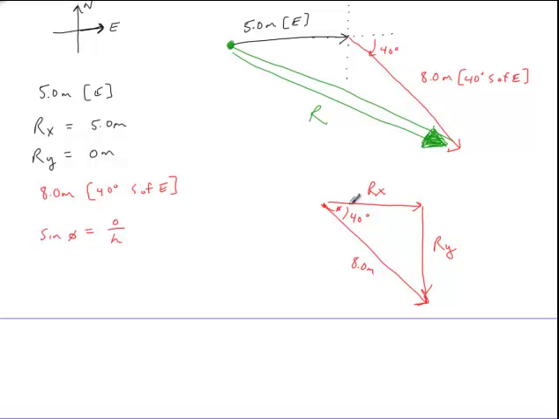Opposite is Ry, hypotenuse is 8, and theta is 40 degrees. Opposite is Ry, that's what we're solving for, and the hypotenuse is 8 meters. If you rearrange this equation, multiply each side by 8, you get 8.0 times sine 40 degrees equals Ry.